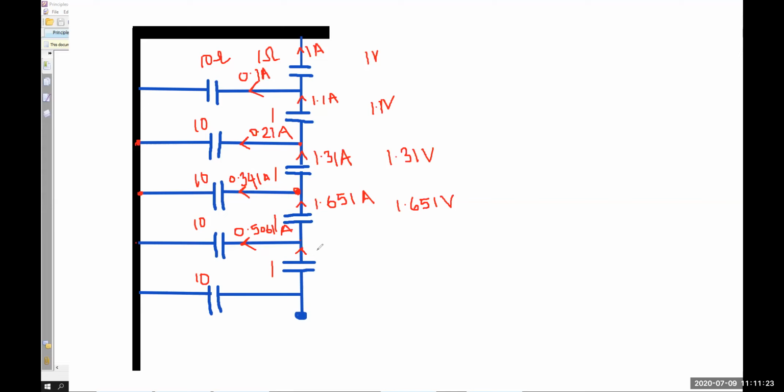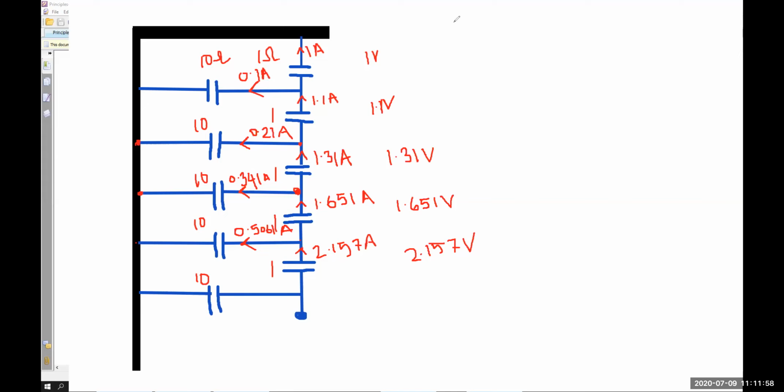This plus this, 1.651 plus 0.5061, 2.157 ampere. So how much volt do you have here? 2.157 volt, right? That's it.